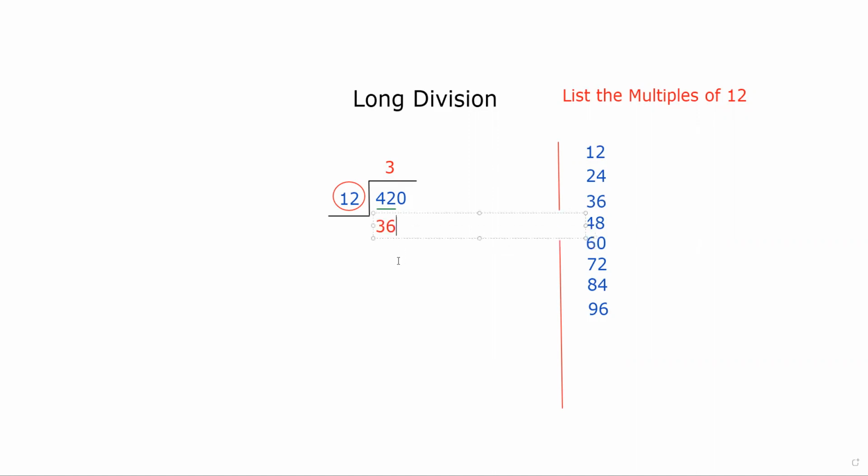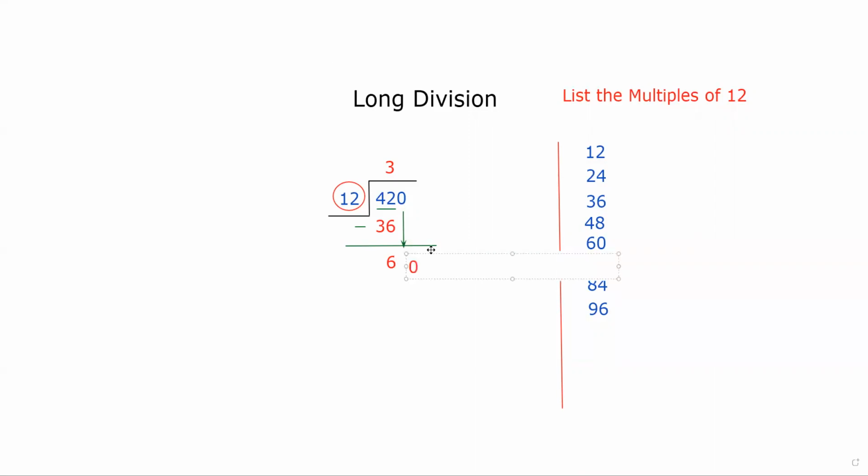And now we're going to do minus. Now, 42 minus 36 is going to be 6. And then I'm going to pull down the 0. And then I'm going to have 60.